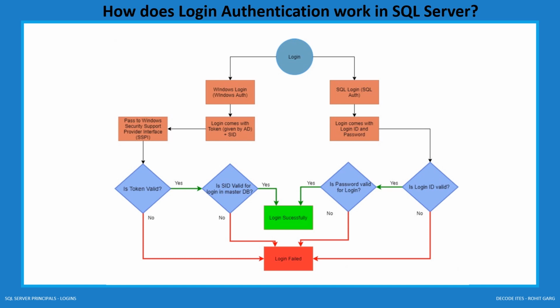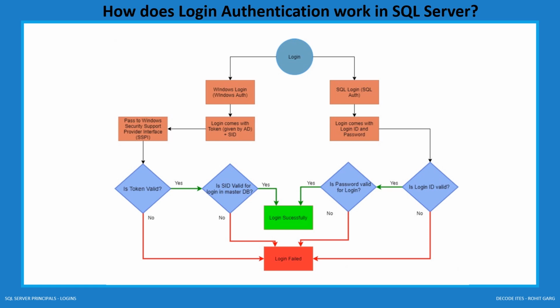This token is provided by Windows Active Directory, domain controller, or local computer. This token is authenticated for validity along with the SID detail of the login. In case the login is not a part of a direct SQL Server login, all associated Windows group and subgroup SIDs will be added to the token for validation.